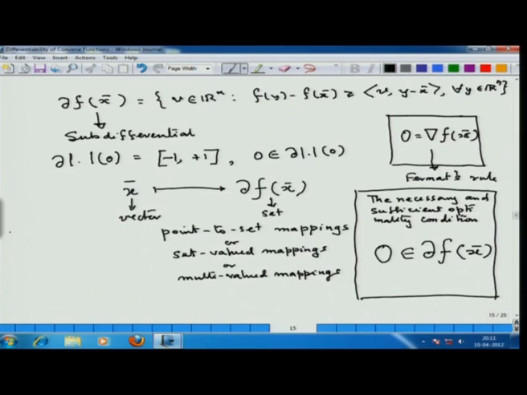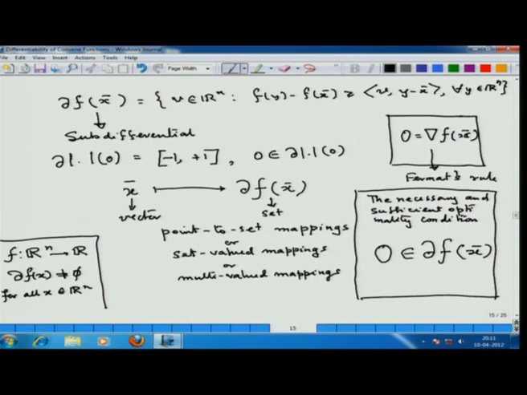The important fact now comes to the fore, that when f is a convex function from Rn to R, then this is not equal to the empty set for all x in Rn. So, this non-emptiness is a very important part. So, all this what we are telling makes sense.